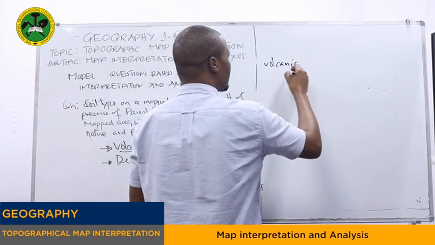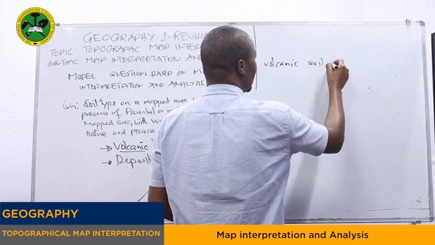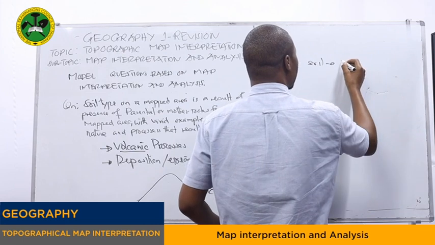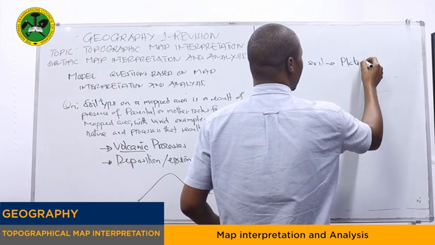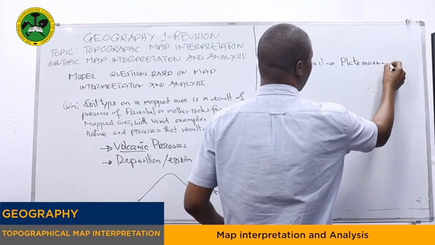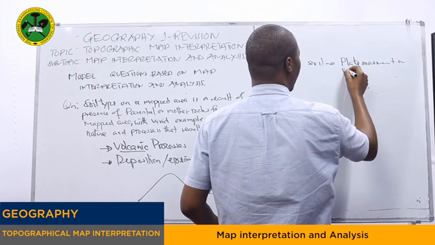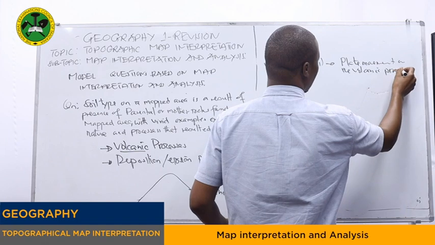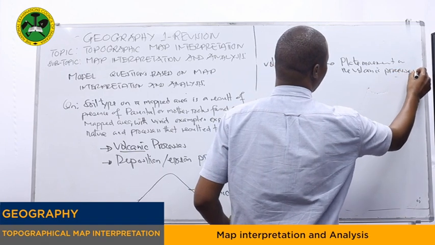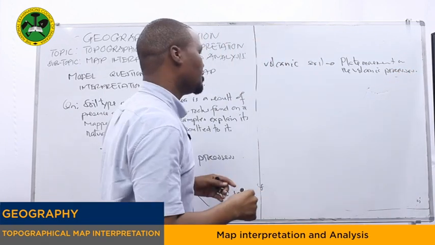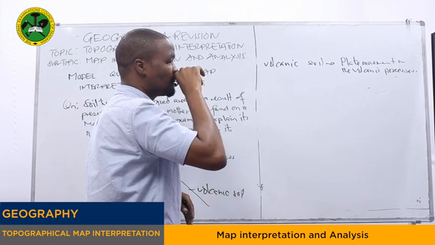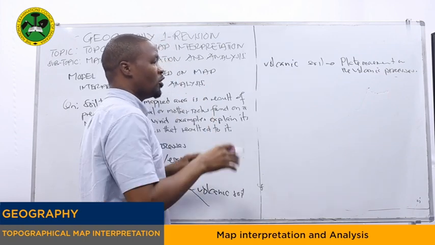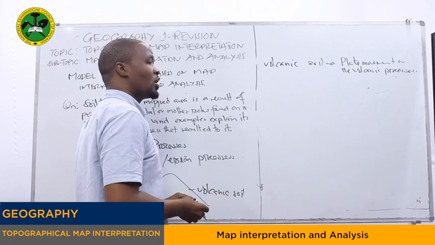By summarizing, we have volcanic soil resulting from what? From either plate movement or volcanic processes. Because normally plate movement is accompanied by the occurrence of volcanic processes. So most of the soil found there is volcanic soil.